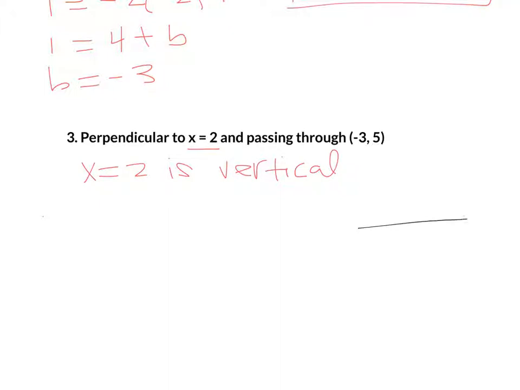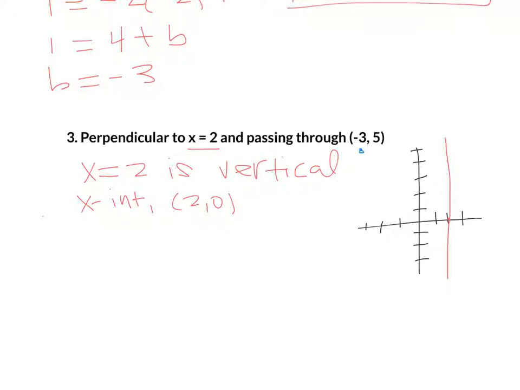Graphing that, we have x is equal to 2, so that means it is a vertical line with x-intercept at 2, 0. Okay, so we want a perpendicular line to that line that's going through the point -3, 5, so it's about right there.